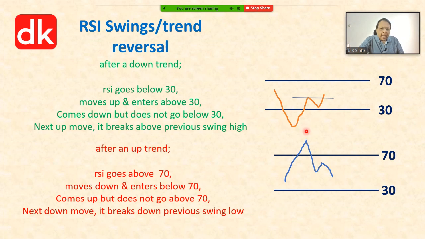The RSI goes above 70, falls below 70, but when it goes up again, it fails to cross above 70, and then again corrects to break the previous swing low of RSI. It has gone down. So it indicates there is increasing downside momentum, while at the same time there is diminishing upside momentum. It's a very, very significant observation.